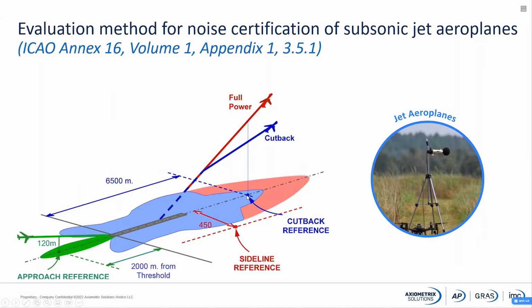We have a cutback reference with another microphone, and we have an approach reference where you're also having a microphone. And the standard is telling that it should be 4 feet or 1.2 meters above the ground. It should be a free field microphone, a 1/2 inch microphone.